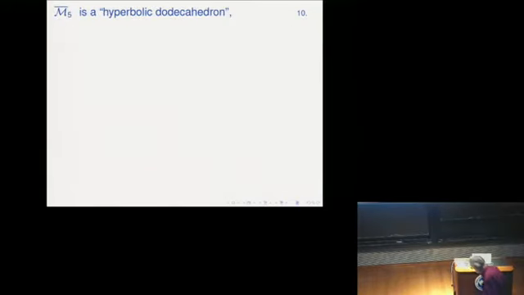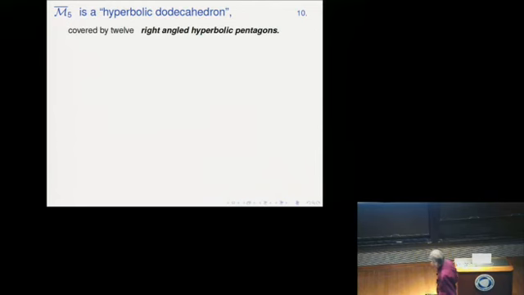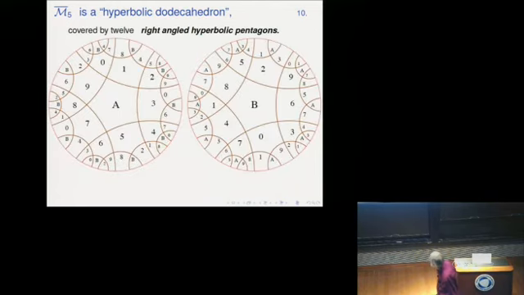Well, the next case, M5, gets much more interesting. It's what I call a hyperbolic dodecahedron. So it's hyperbolic because it's a closed surface of negative curvature. It's a dodecahedron because it's tiled by 12 right-angled hyperbolic pentagons.